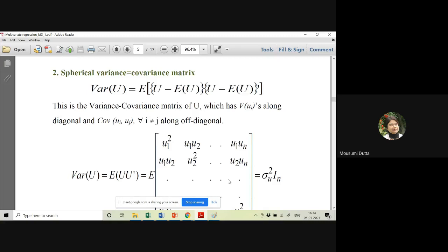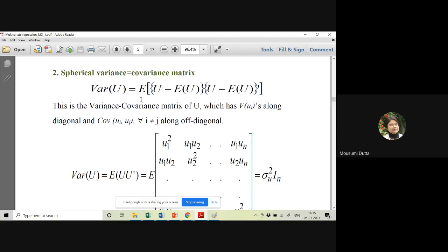However, when we are trying to define variance of the u vector, we get the entire variance covariance matrix. This variance covariance matrix is a square symmetric matrix. Therefore, we call it a spherical variance covariance matrix. So var(u) is basically the var-covar matrix.